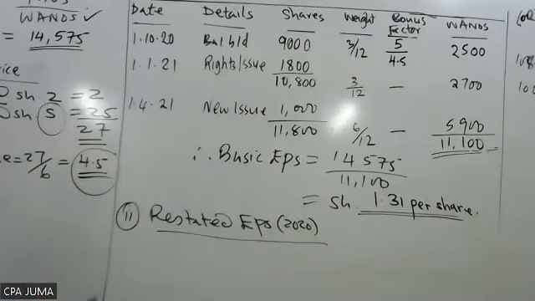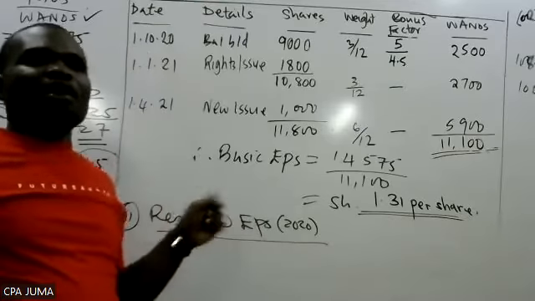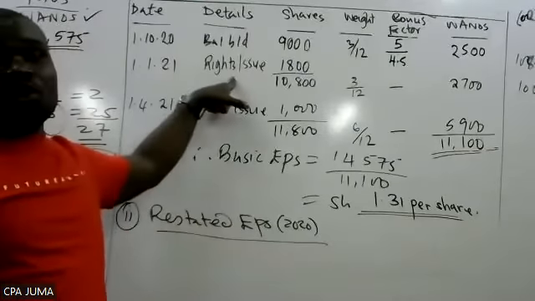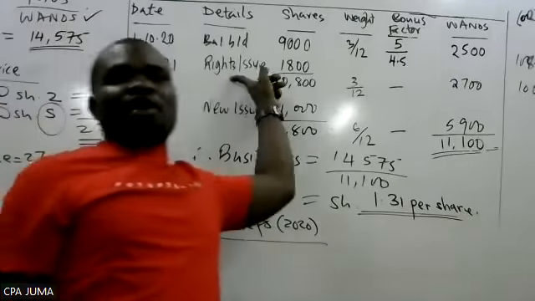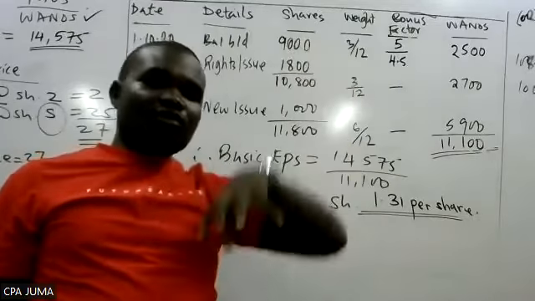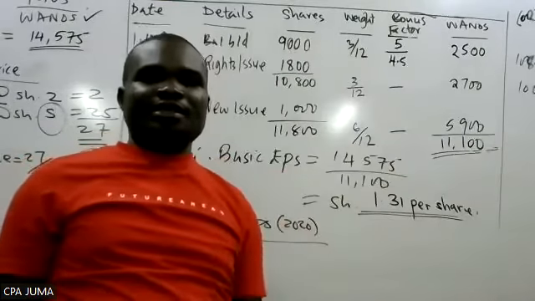So restated EPS, what you check this year, what happened, which is bringing concern, is the rights issue. When you want to restate, you check rights issue, bonus, share split, reverse this year. Then you ask yourself, what if it could have happened last year?